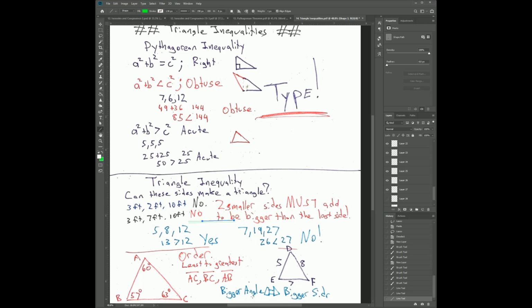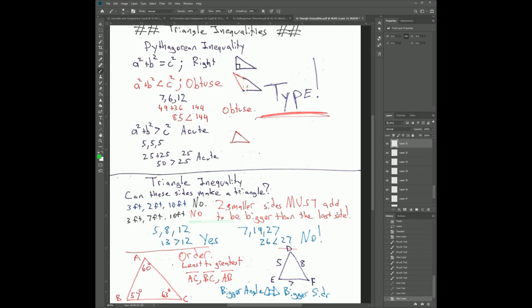And the thing you've got to realize, that I haven't shown you yet, is that bigger angles mean bigger opposite sides and vice versa. So if I ask you for the least to greatest, you're literally going to look for the smallest angle.